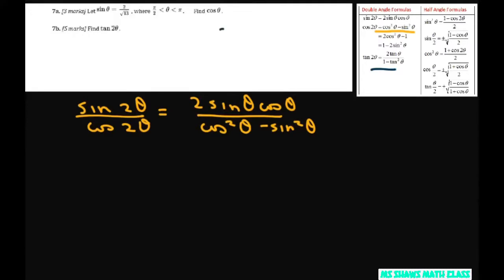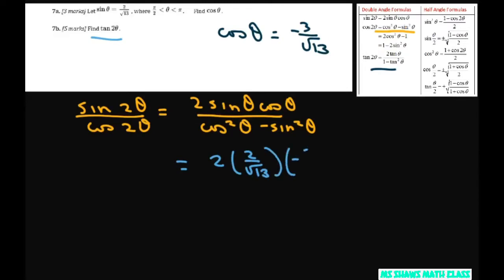And recall our cosine of theta was negative 3 square root of 13. So now all you have to do is fill everything in and you'll have it. So 2 times 2 square root of 13, and cosine is negative 3 square root of 13.